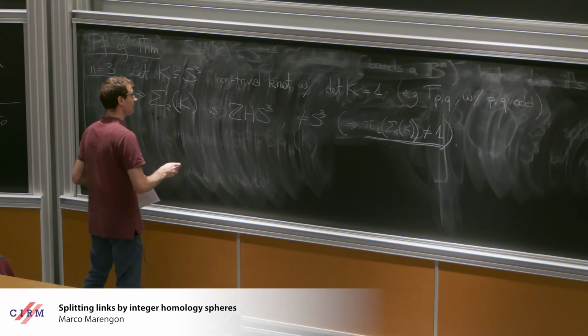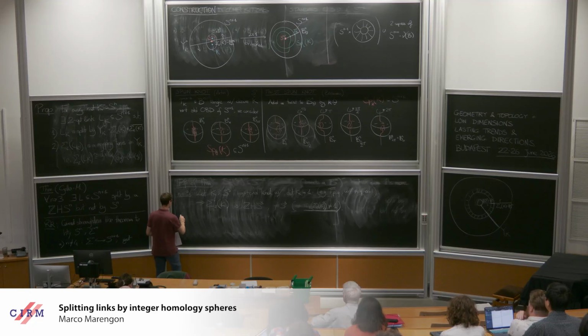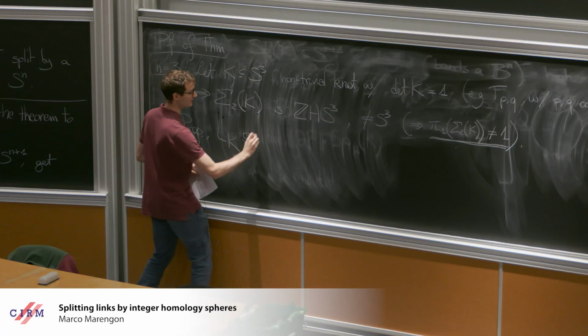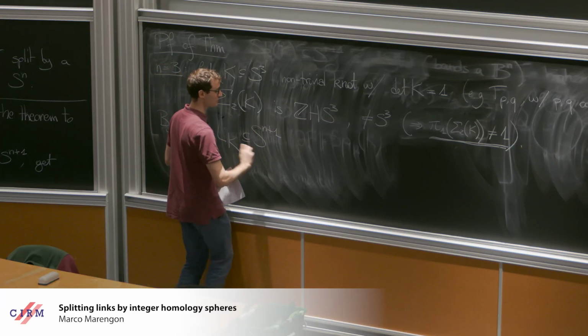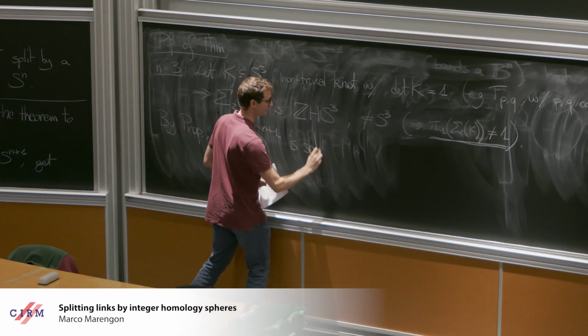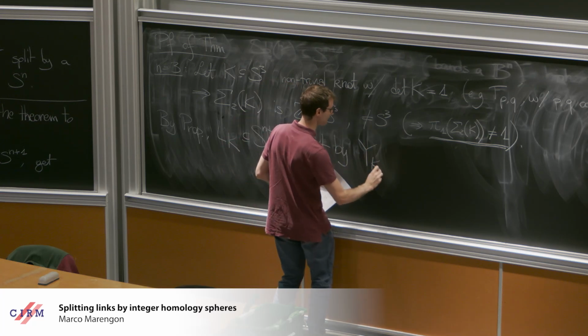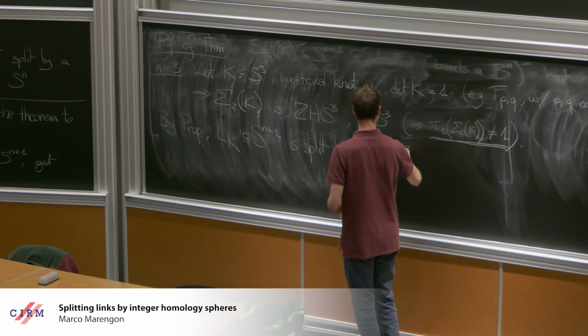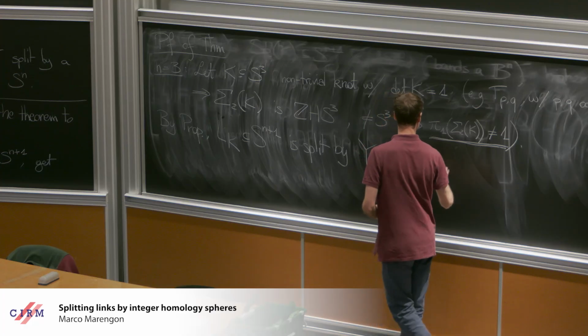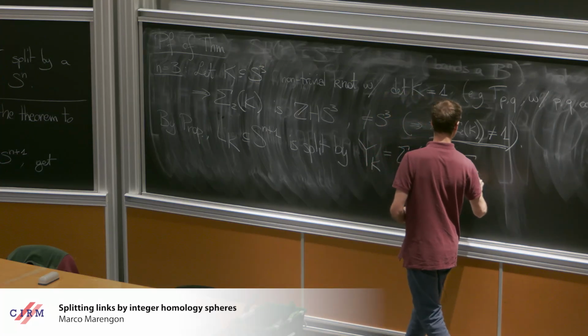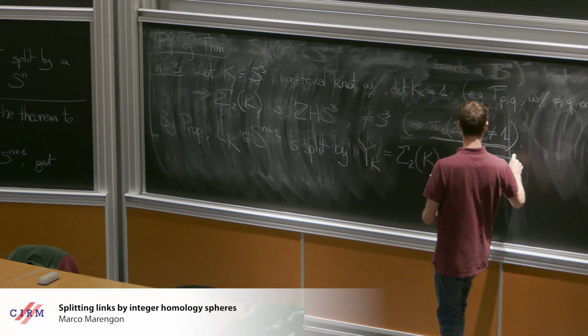Okay. So now, by the proposition, we have that Lk, that is a link in S^(n+1), is split by this manifold Yk, that is sigma 2 of K connected sum its mirror.